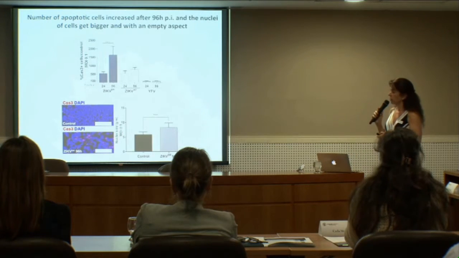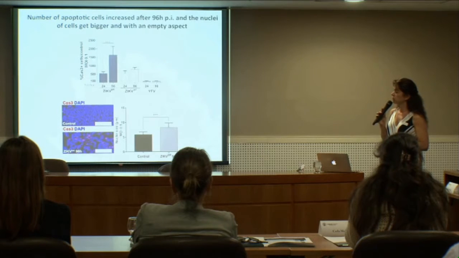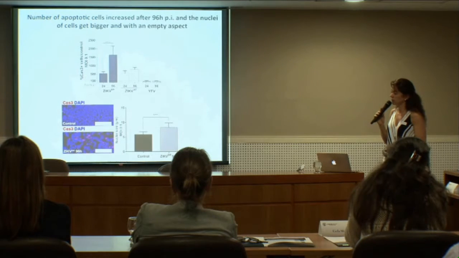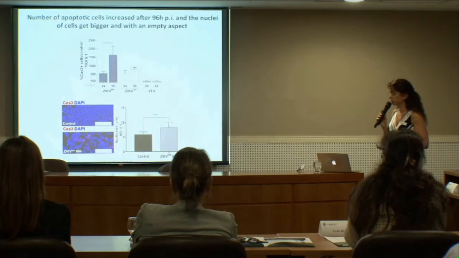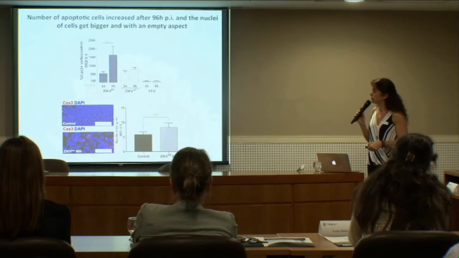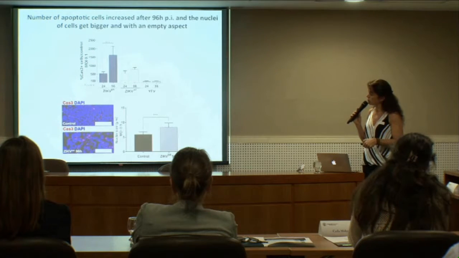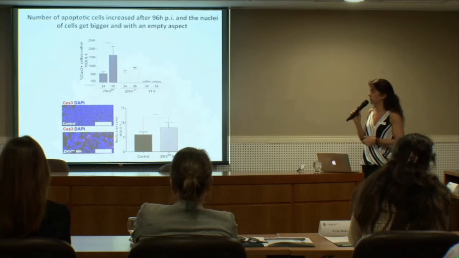And I want to call attention to this kind of cytopathic effect. So we notice that after infection, the size of the nuclei of the cells is big compared with the control ones. And also the nuclei seem to have this empty aspect.